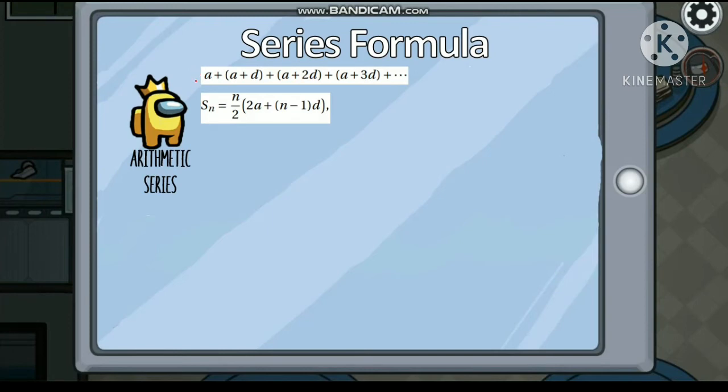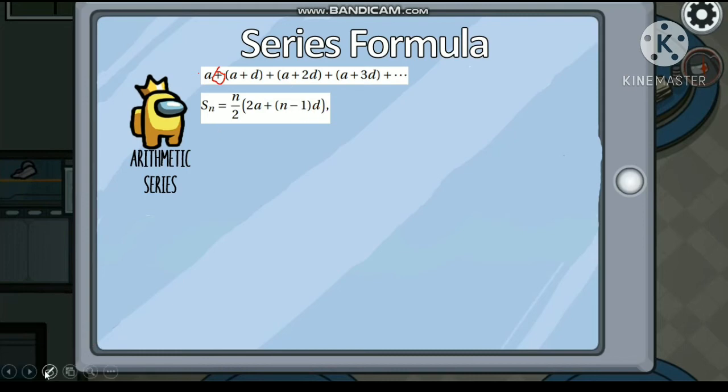In the sequence, we use comma, but in this series, we see plus, not comma. So the formula is Sn equals n divided by 2, multiplied by 2a plus n minus 1 multiplied by d.